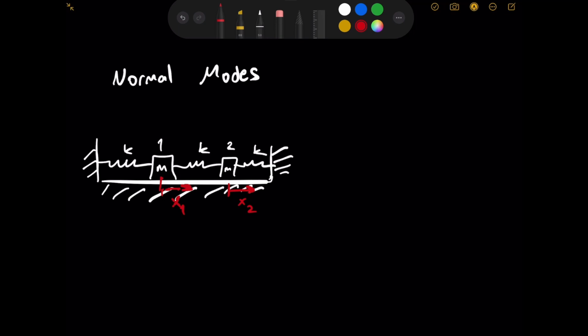And let's say that to the right is positive and to the left is negative. Okay? And so the question I'm asking is, what are the equations of motion for these masses? How would they move?